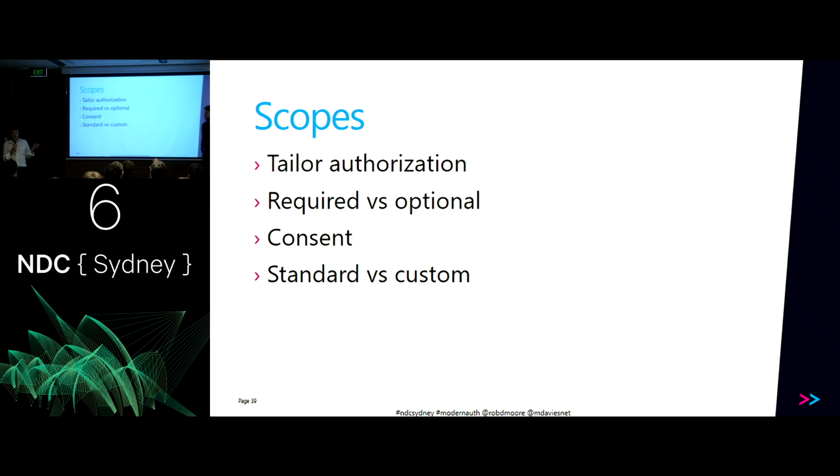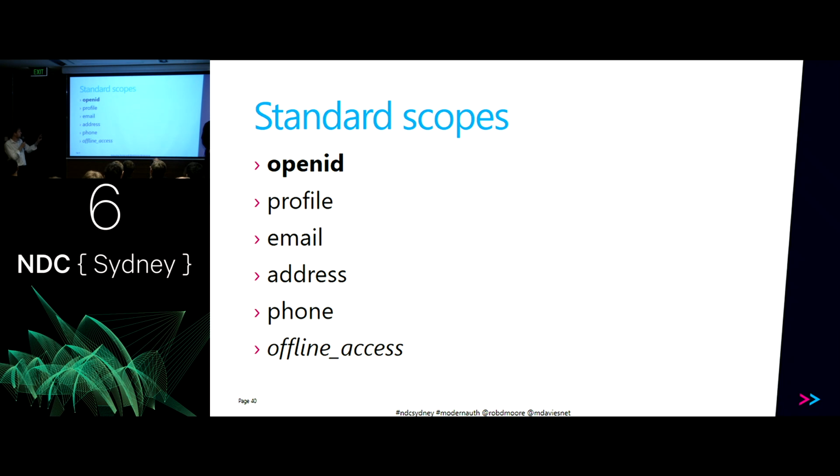The one thing that's different in OpenID Connect is that it actually defines a set of standard scopes. And then obviously you can also use whatever custom ones you want as well. The standard scopes are this list here. The one at the top, OpenID, is required. If you're using OpenID Connect to authenticate a user, you have to request the OpenID scope.